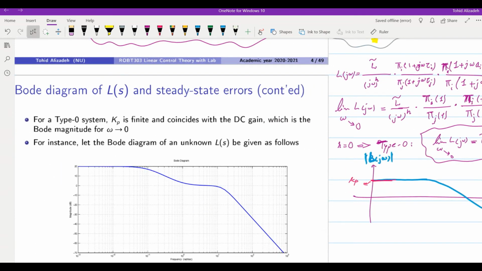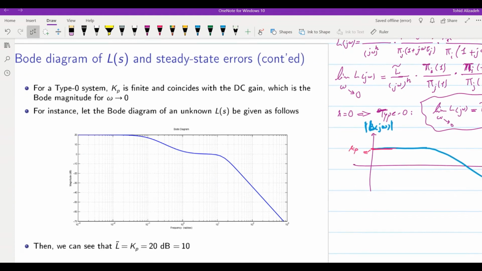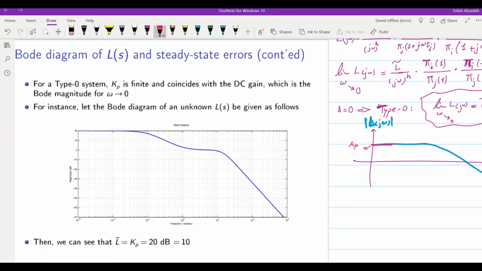The error constant. You can also see it over here. So L tilde in this example is equal to 20 decibel, which is over here. So we have 20 dB, and it's equal to indeed 10.